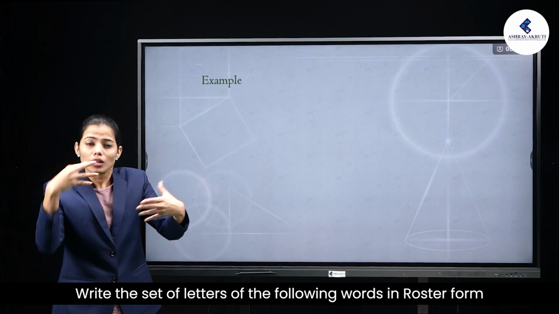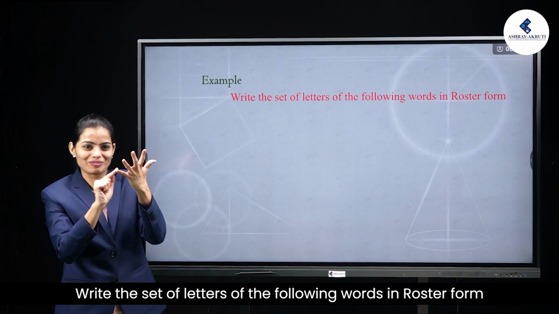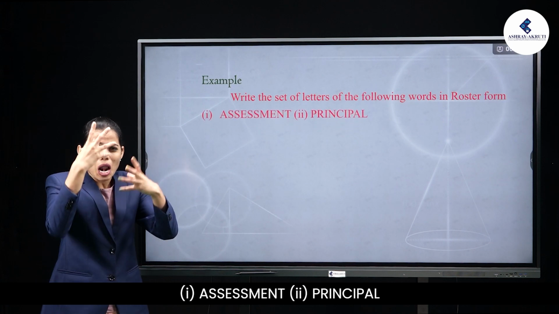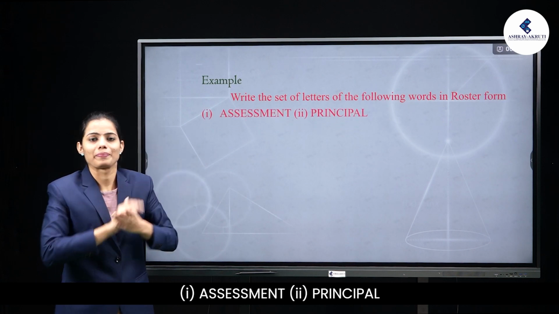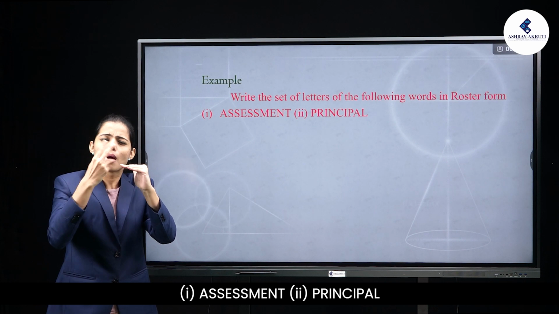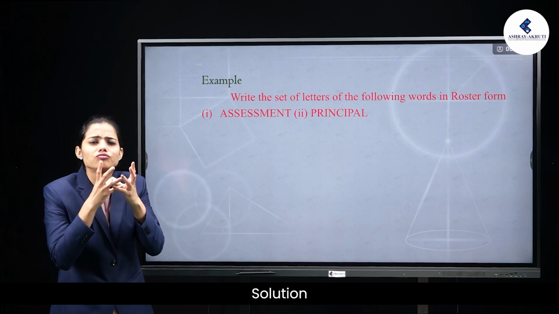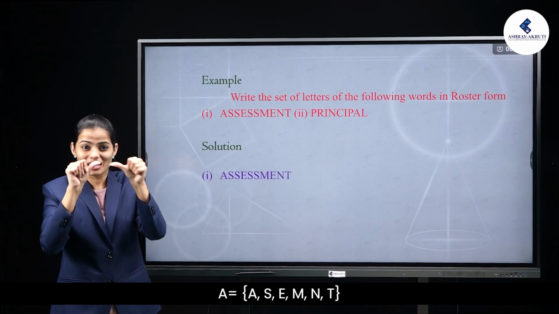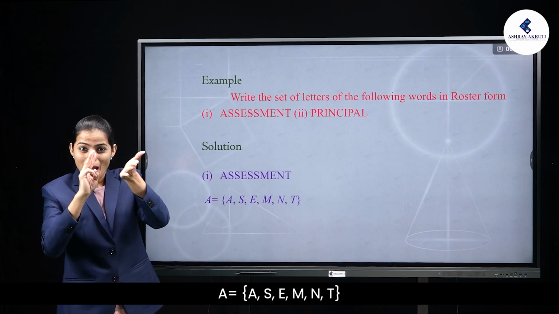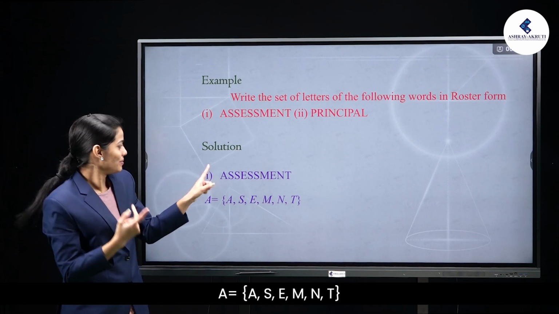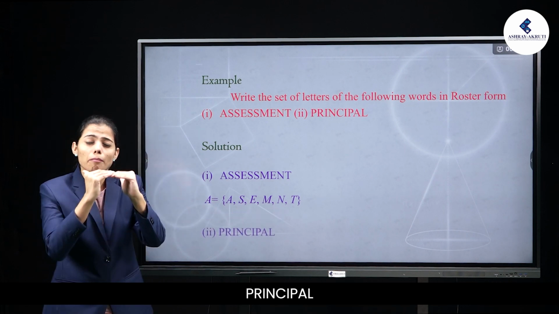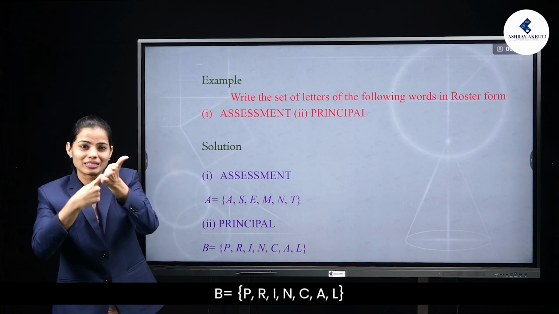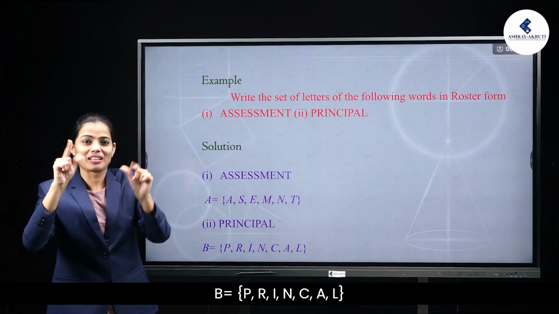Example: write the set of letters of the following words in roster form: assessment, principal. Solution: assessment, A = {a, s, e, m, t}. Principal: B = {p, r, i, n, c, a, l}.